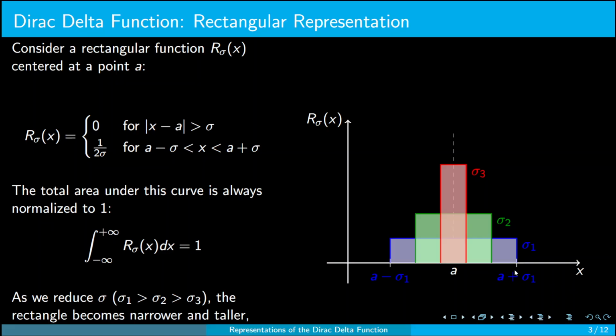The height, where sigma 1 is written, is 1 upon 2 sigma. If it is a rectangle, the area is length into breadth. This length is 2 sigma 1 and this height is 1 upon 2 sigma, so when we multiply, we get 1.